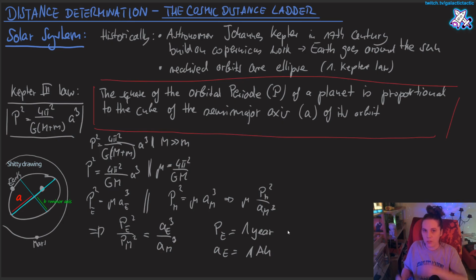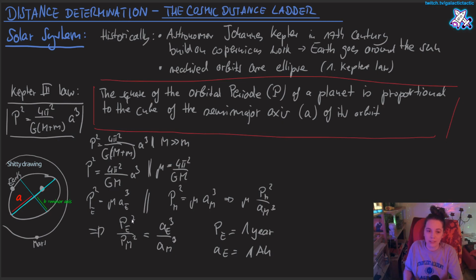What we then do, we look at the sky, and we can look up the period of Mars. We wait until Mars goes around the sun, and we know that's how long the period of Mars is.